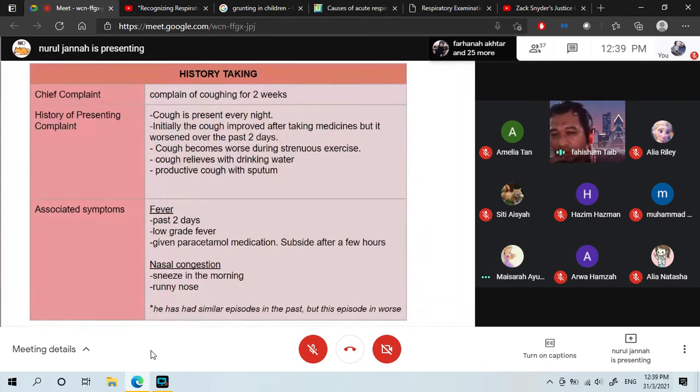What time is it, at night only? No, the symptoms. The cough occurs at night, and then what about during the daytime? During the day, the cough appears when he is doing strenuous exercise. Okay. Anything else? Any trigger?